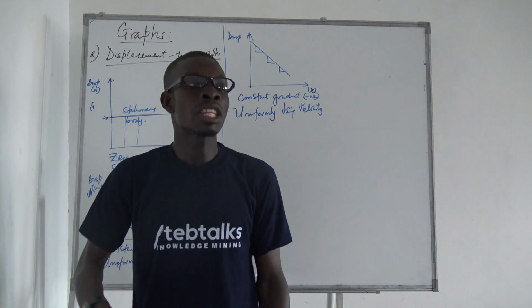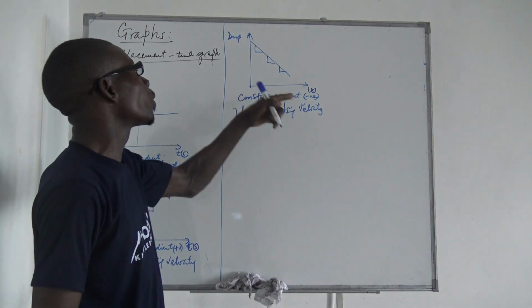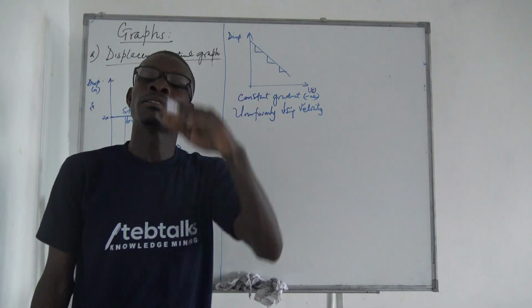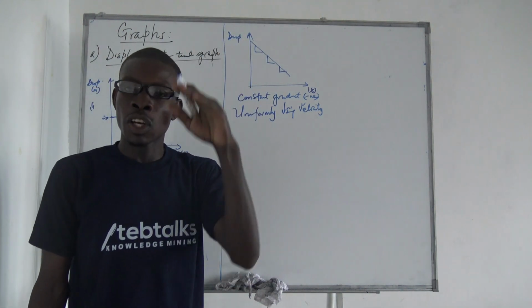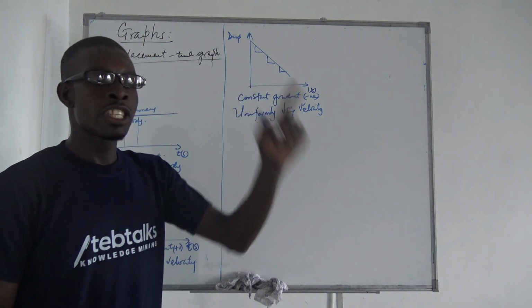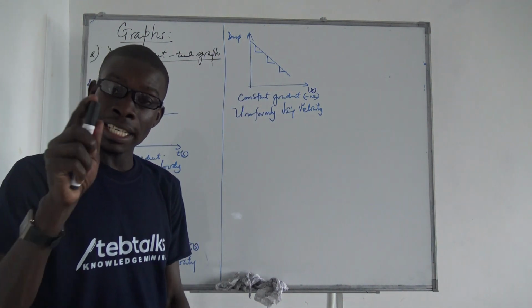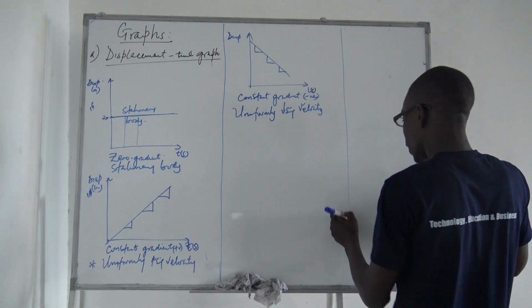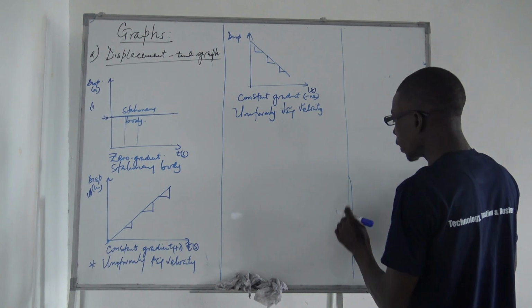Is that okay? So that's what we're calling uniformly decreasing. The velocity is decreasing steadily. Is that okay? The velocity is decreasing steadily. The graph looks like that, with a constant gradient but a negative value. And then, if we look at that, why can't we look at this?